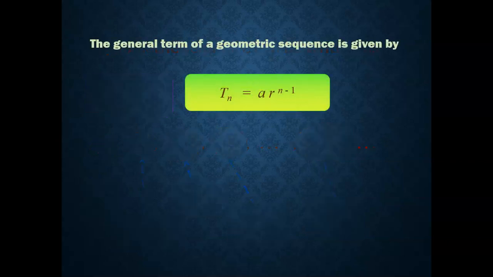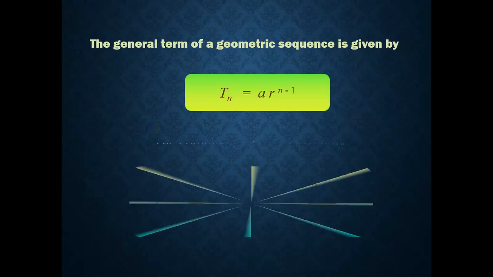So the general term of a geometric sequence is given as Tn equals ar to the power n minus 1. It will always be like this. Geometric sequence is ar^(n-1), arithmetic sequence is a plus n minus 1 multiplied by d. So know the difference between arithmetic and geometric.